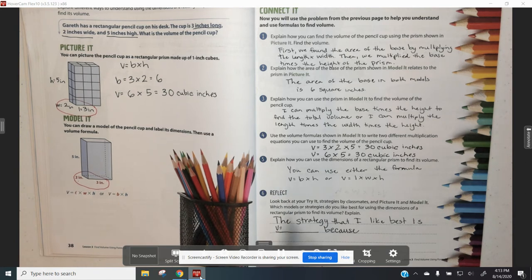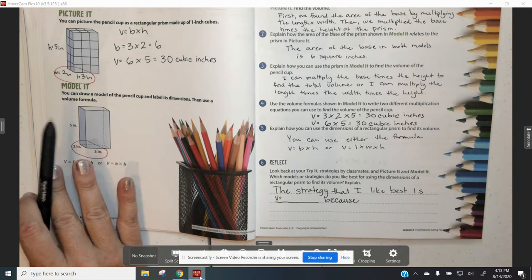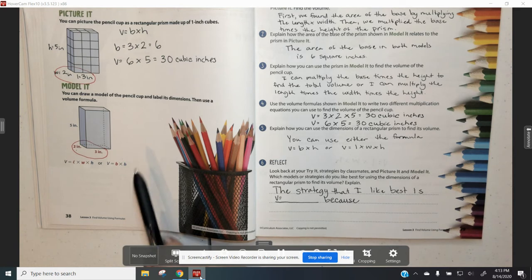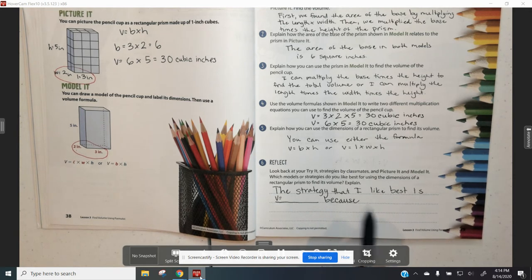Now finally on number 6, we're going to reflect. I want you to go ahead and I'll read it, and then I want you to pause it and fill out this reflection. The strategy that I like best is volume equals, and then you're going to choose volume equals base times height or volume equals length times width times height. And then tell me why.